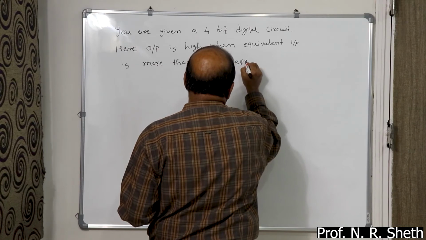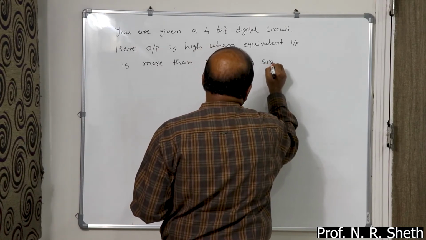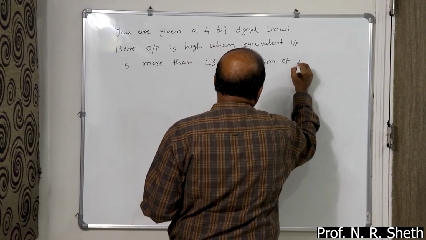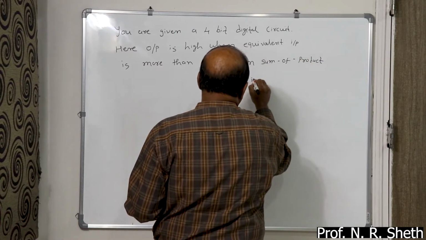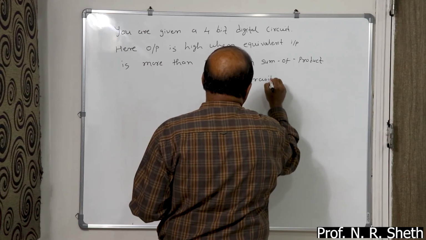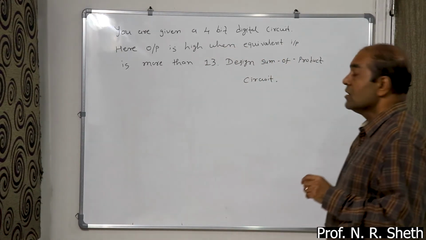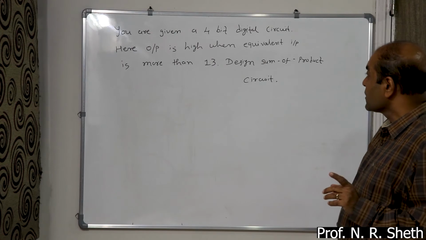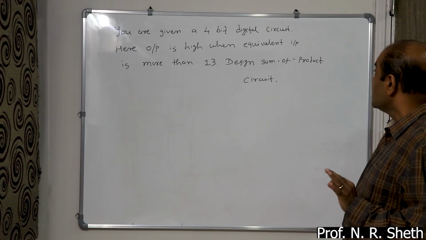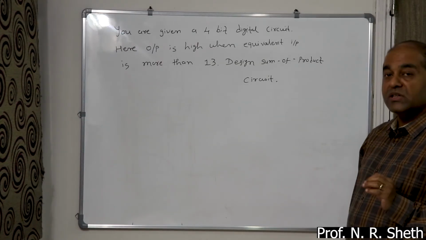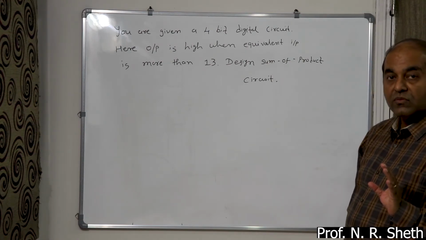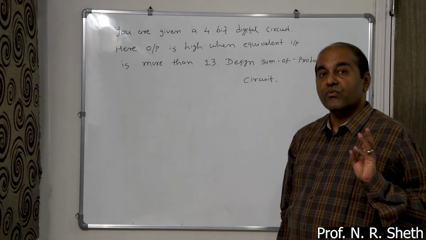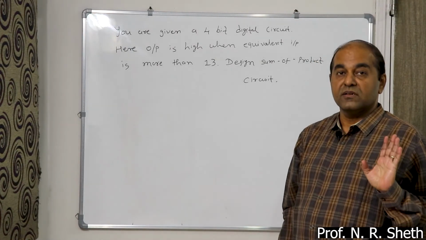Design sum of product circuit. 4-bit digital system in which output is high when the equivalent input is more than 13. Means case number 14 and 15.